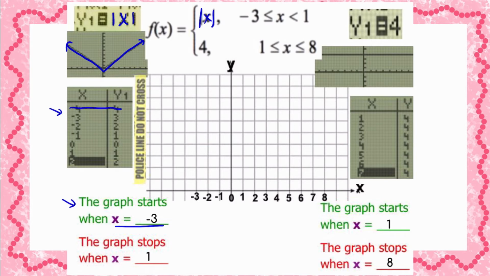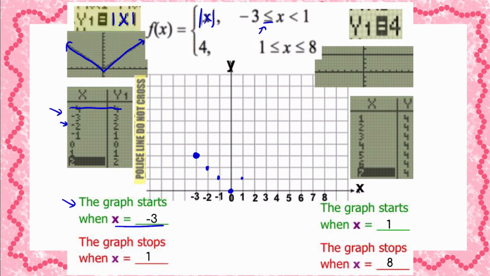So I get rid of that. So -3, 3 is right there. Do I want an open circle or a closed circle? I want a closed circle because my symbol has the line underneath. The next point I'm going to plot is -2, 2, -1, 1, and 0, 0, and then 1, 1.